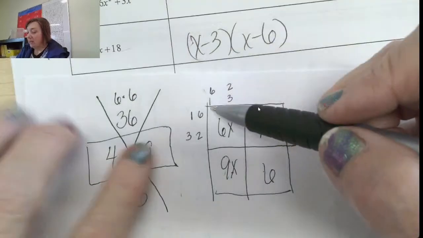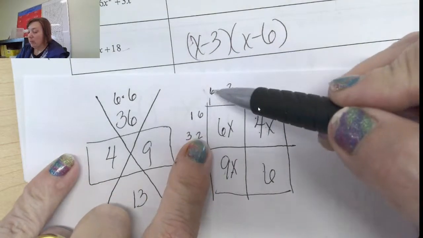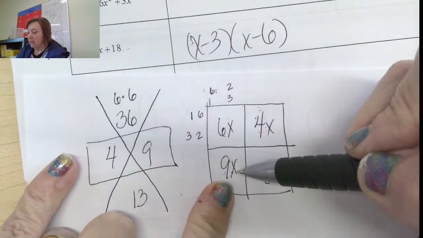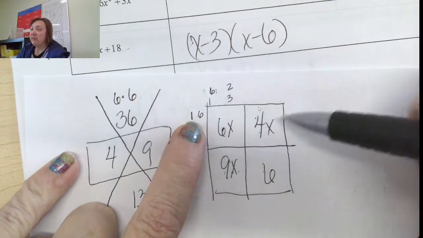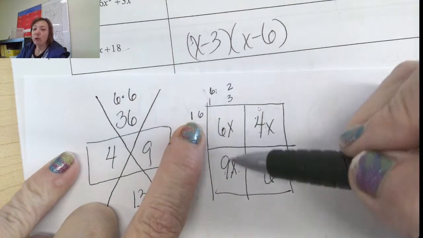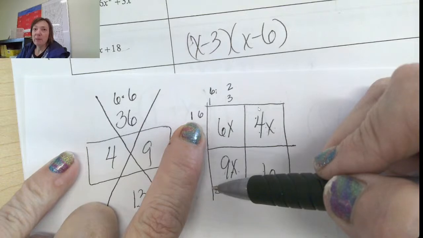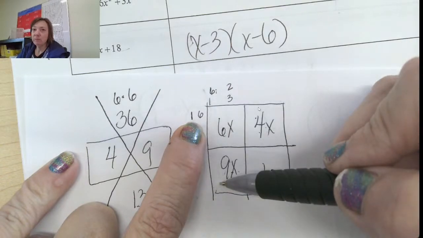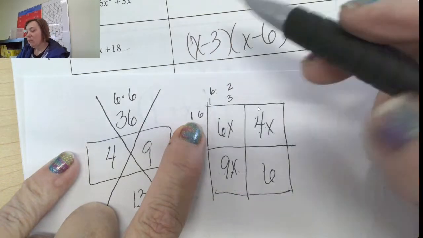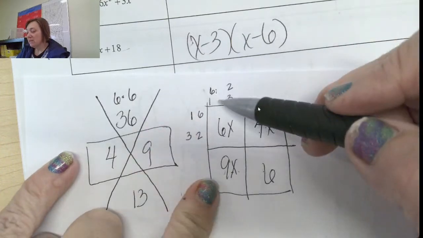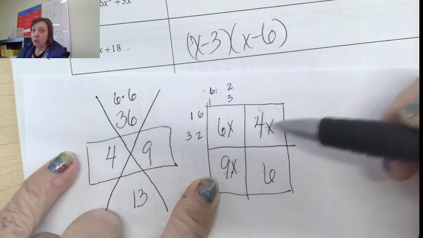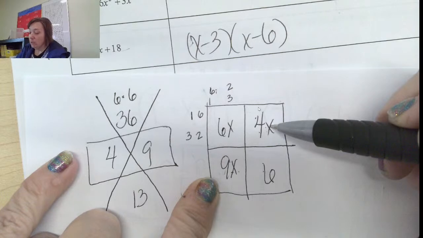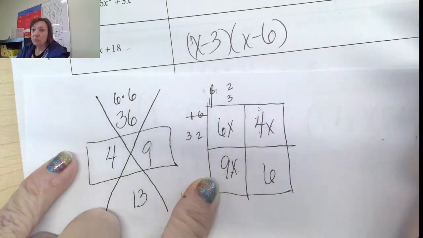Because if this wasn't 9, I could be like, well, 6 isn't multiplied times anything to get 4, but maybe this had been like 12 over here, and it could multiply by something to get 12. Do y'all see what I'm saying? Okay, now, just so happens, we can't multiply 6 by anything to get 9 or to get 4. So we know we're not going to be using 6 and 1. Do y'all see what I mean?